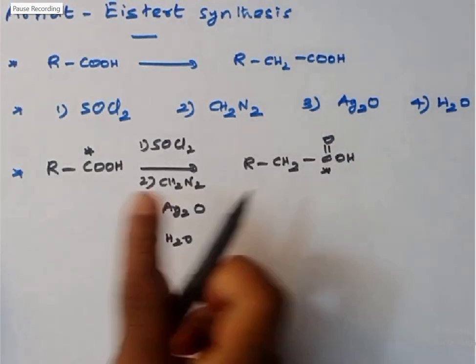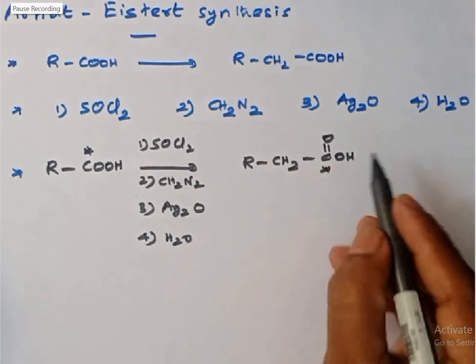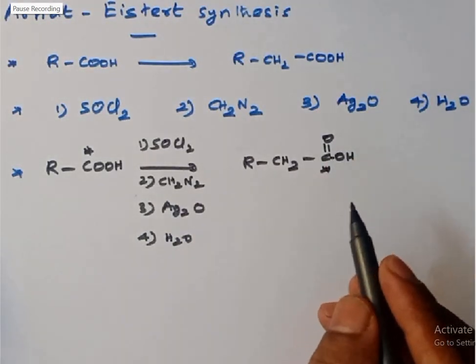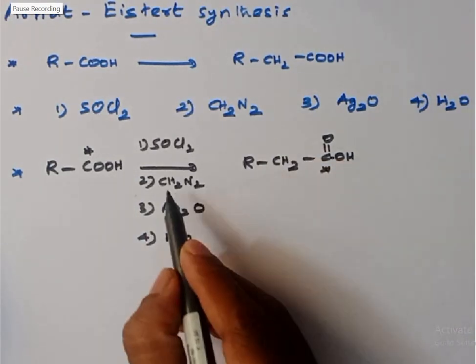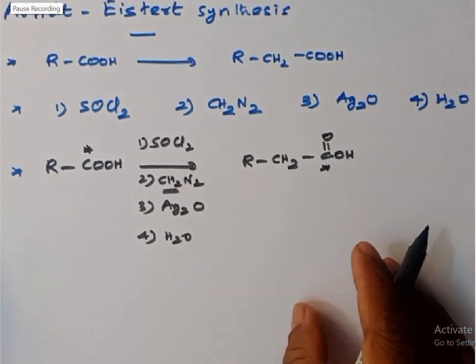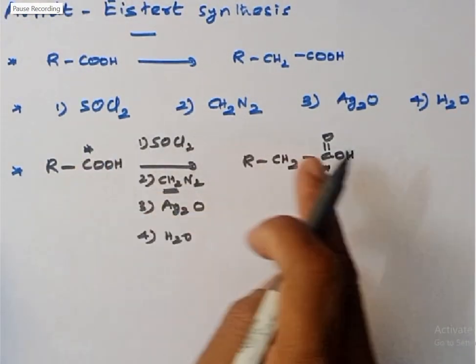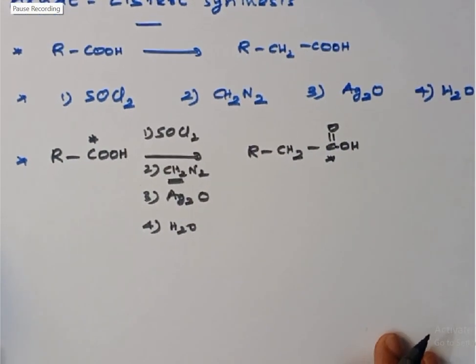And this isotopically labeled carbon remains in the acid carbon as such. And this CH2 actually comes from diazomethane. So here you are converting a carboxylic acid into its next higher homolog. Clear?